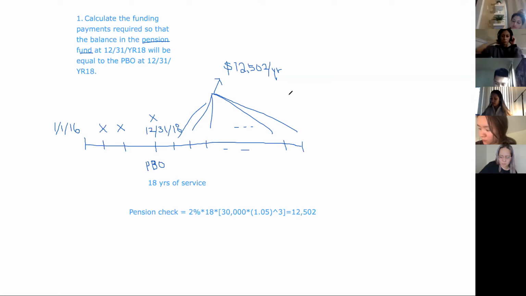Then can we calculate the company's obligation as of December 31/18 based on all the information that we have so far?